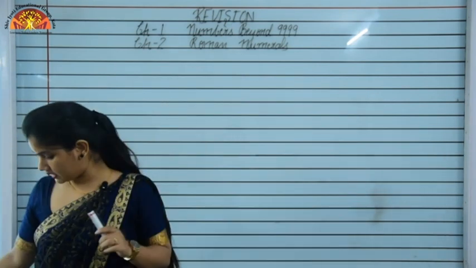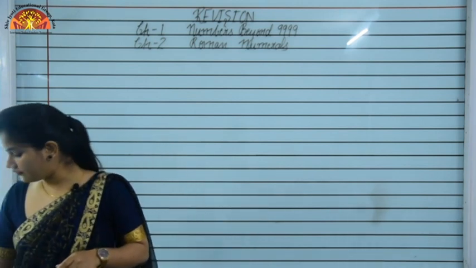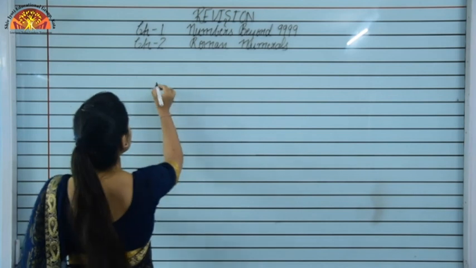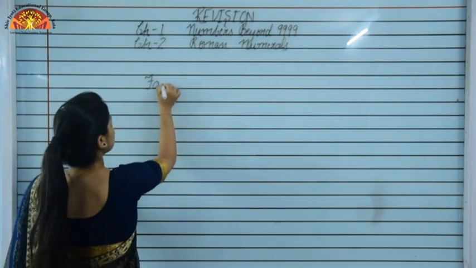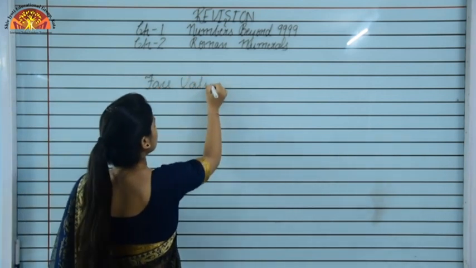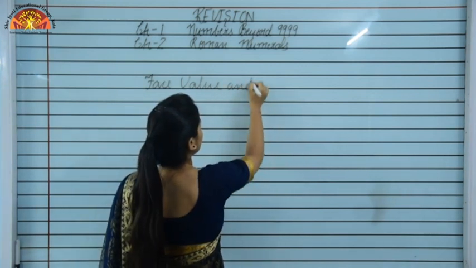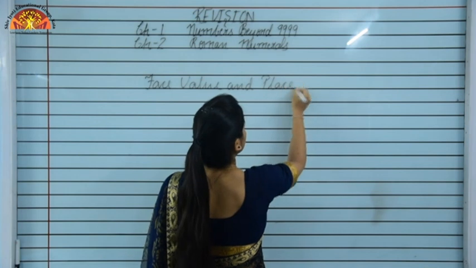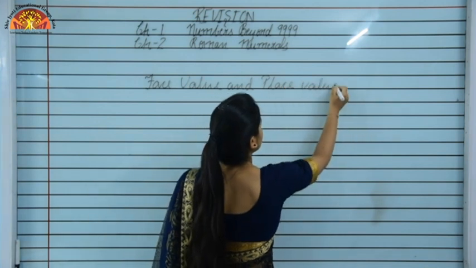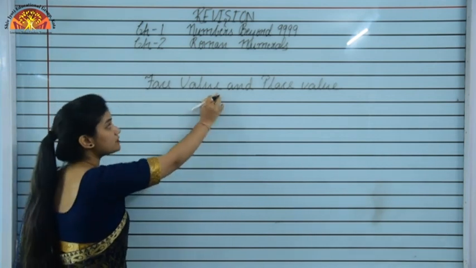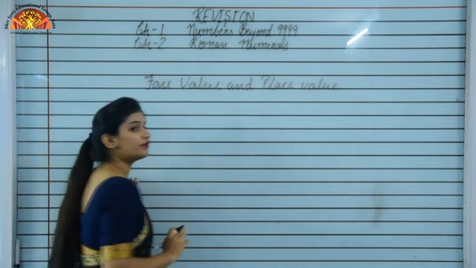And the next topic is face value and place value on page number 3. So how can we find the face value and place value of a number?